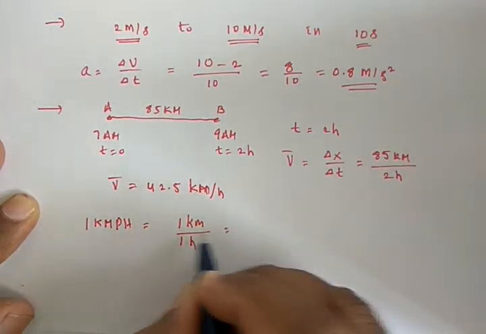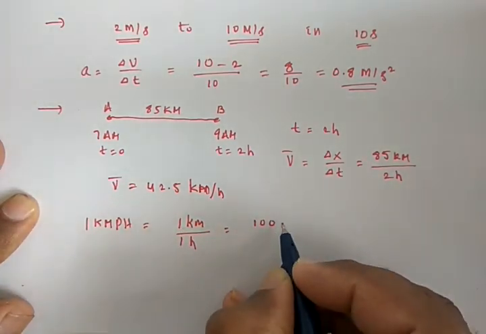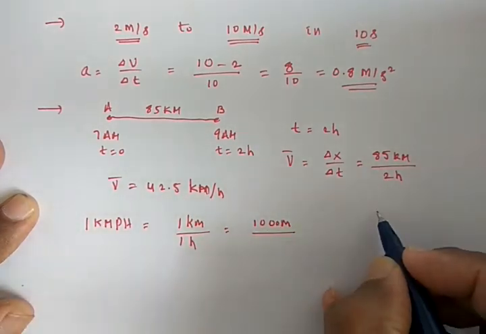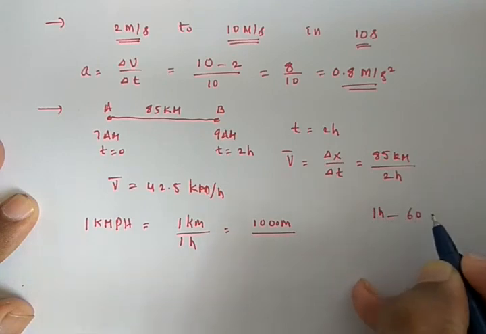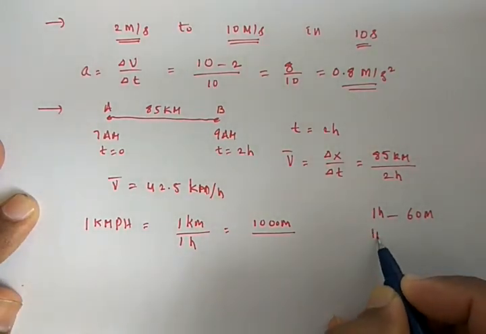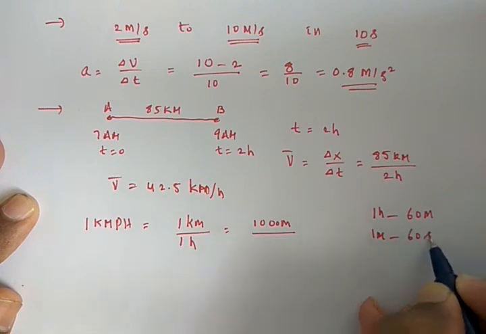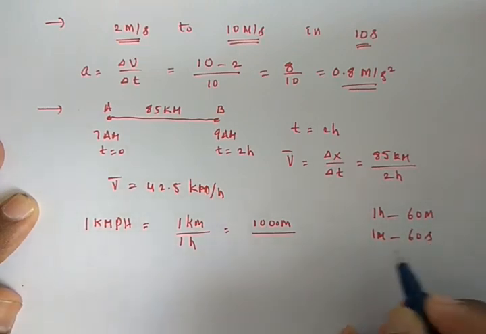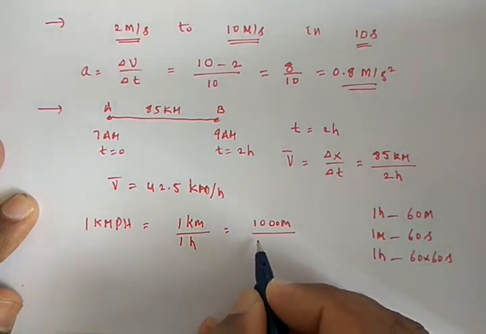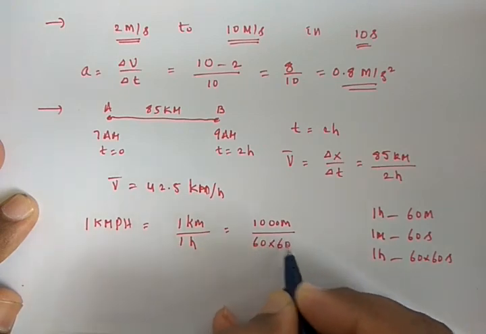That equals 1 kilometer, which means 1000 meters, by 1 hour, which means 60 minutes, and 1 minute is 60 seconds. So 1 hour equals 60 into 60 seconds.